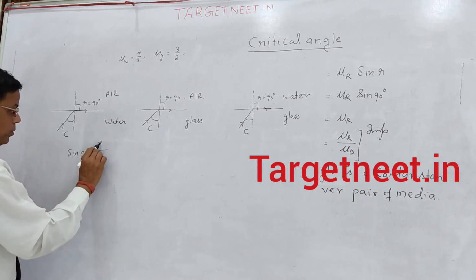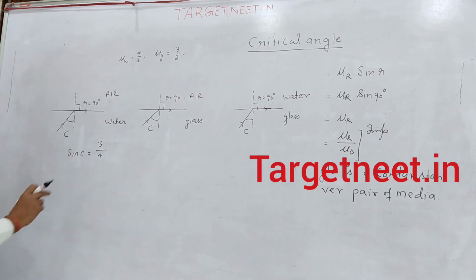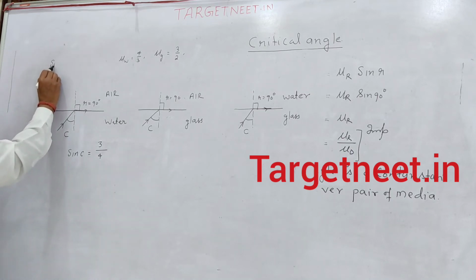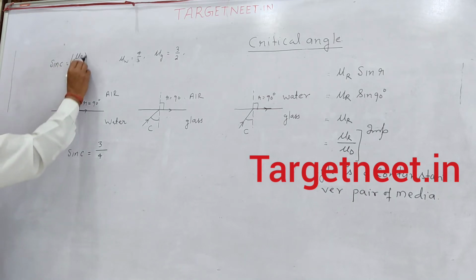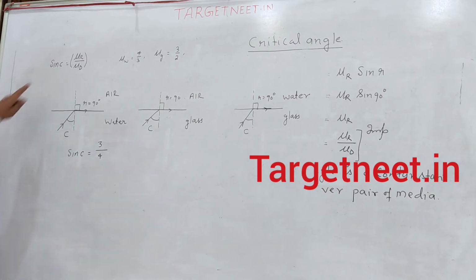So 3 will go up. The critical angle depends on the ratio of the refractive index of rarer medium upon the refractive index of denser medium. The more the ratio, the more the C. So if this ratio is more, you're going to get a more critical angle.